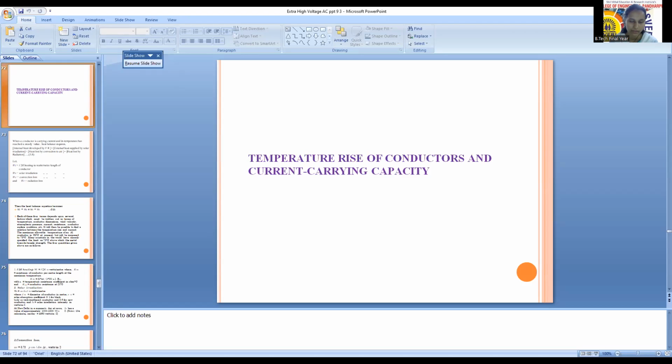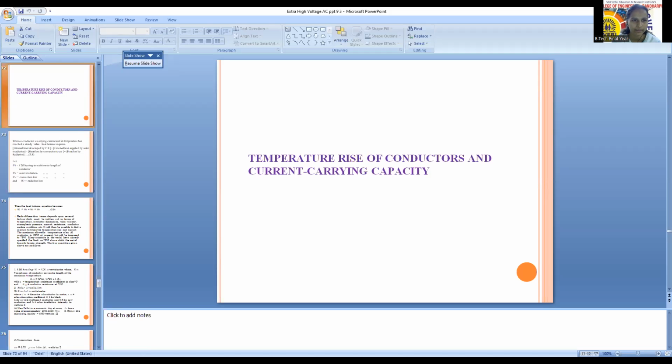Yesterday we saw the heat balance equation. We are going to see it again. When a conductor is carrying current, its temperature reaches a steady state value.